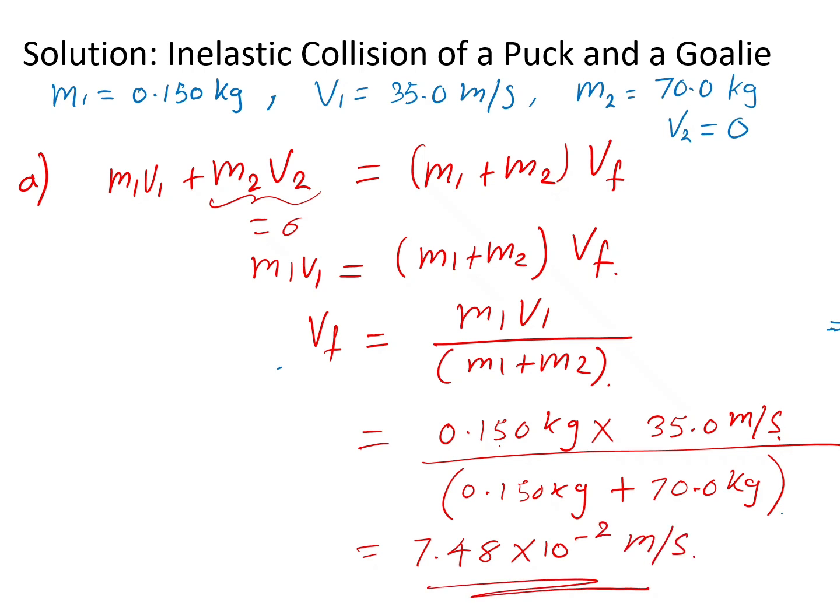So the final velocity is 0.0748 meters per second. This is a very small forward speed, which matches our prediction because the goalie is much more massive than the puck.